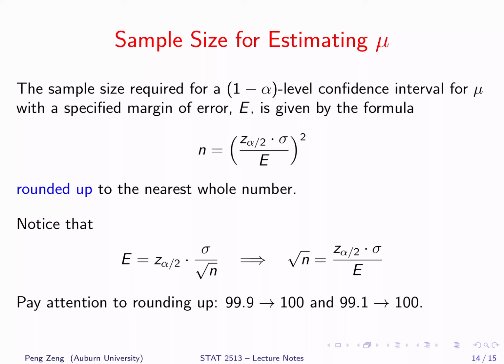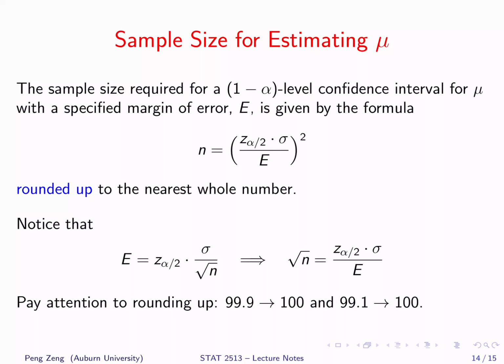The answer may be a decimal. We need to round it up to the nearest whole number. Notice that it is rounding up, not rounding. For 99.9, we round it up to 100. For 99.1, we also round it up to 100. This formula is obtained by the relationship between margin of error and the sample size.